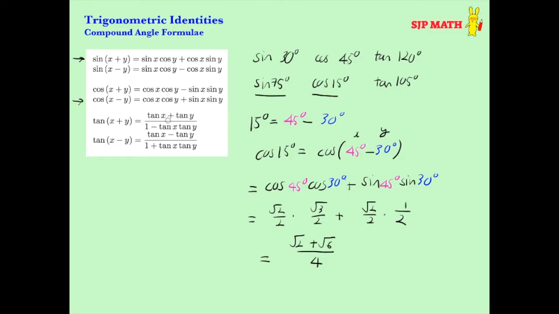So we have to have our angle as the sum or difference of two angles for which we already know the exact tangent values. So yeah, that's why the compound angle formulae is pretty useful, and it's one of the most basic ideas in trigonometry.